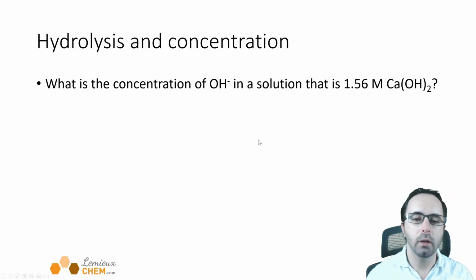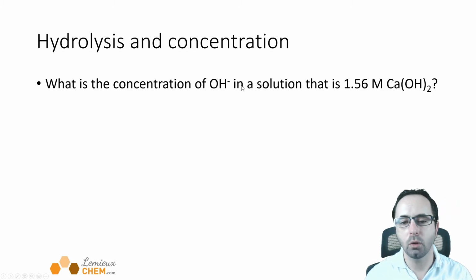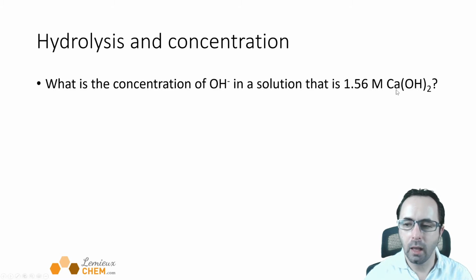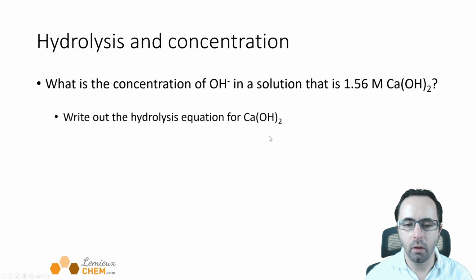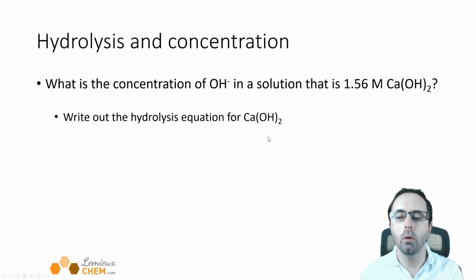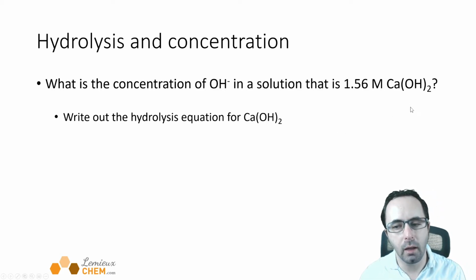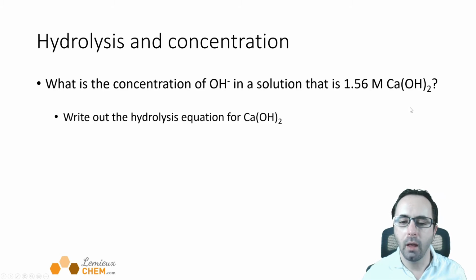Now, often we're going to be interested in the concentration of hydronium ions or hydroxide ions that are in solution, because that's going to tell us how acidic or basic a solution is. So when calcium hydroxide, for example, dissolves in water, if we want to know what the concentration of the hydroxide ions are, we're going to have to figure out how much hydroxide was produced from the dissociation of calcium hydroxide.